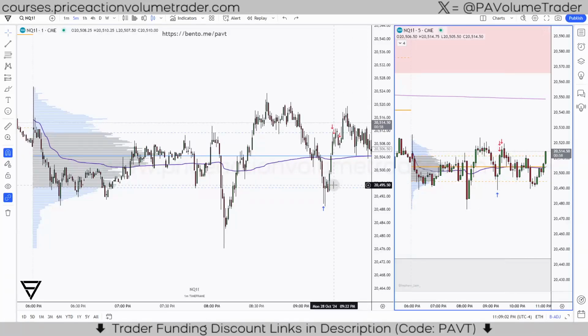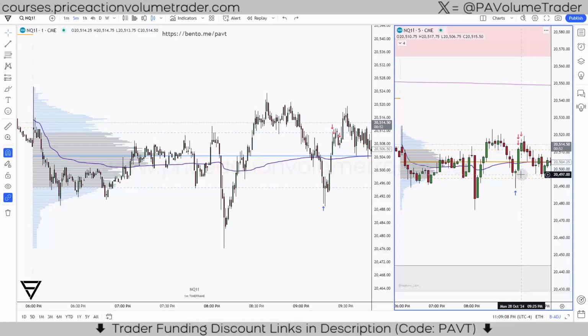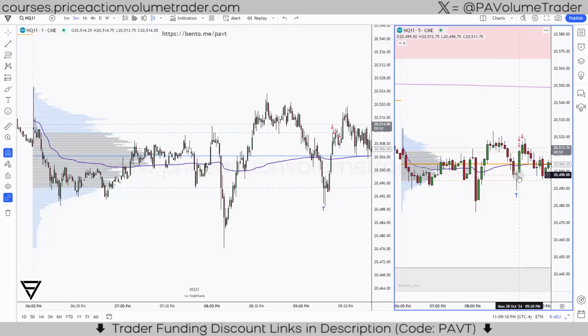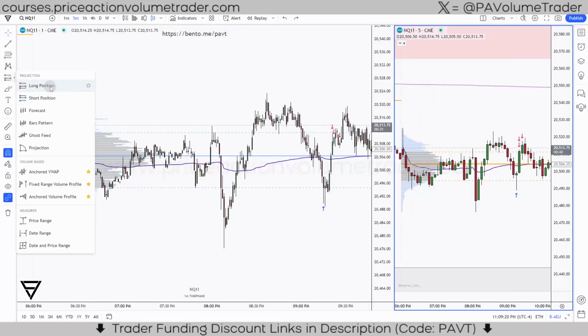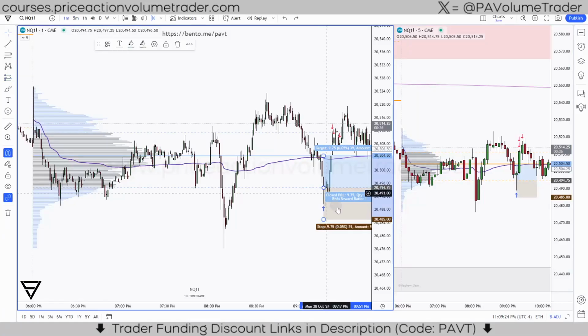I could have waited for the 5-minute candle to close, which as you can see here, we had a very nice bullish pin bar close. Once I saw this 5-minute candle close, I knew the trade had much higher odds of succeeding. So this was the entry.